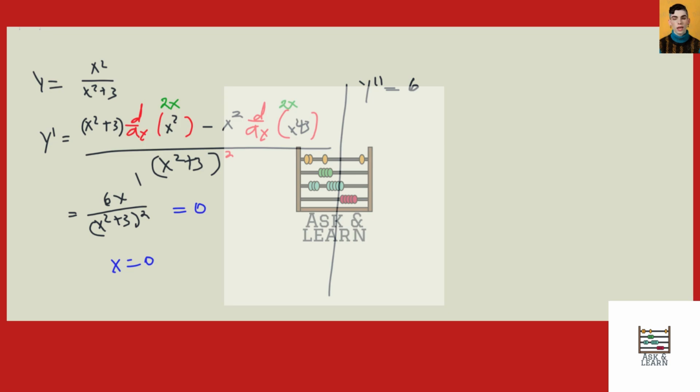And then to take the derivative of x over (x squared plus 3) squared, we're going to have to use quotient rule again.